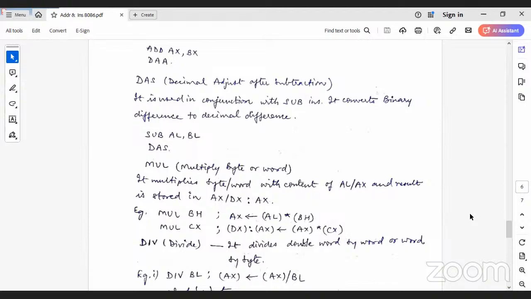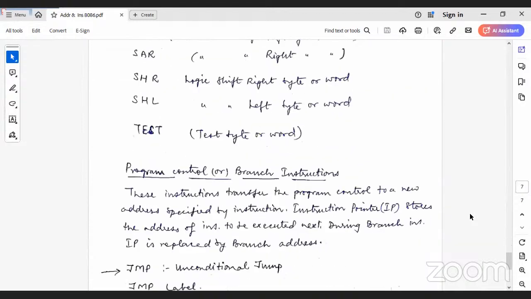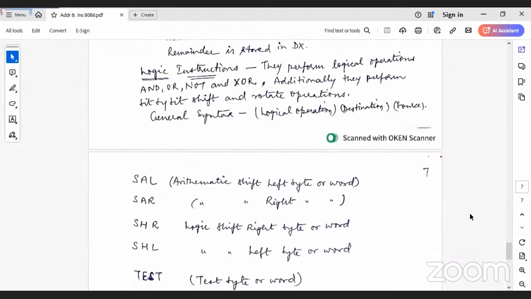I have given here only a general representation, but actually the syntax for AND is A-N-D, or it is OR. So like this, you give two examples for it. Since it is easy, I did not mention it there. In the textbook, it is given very nicely. In the same way you can discuss that.